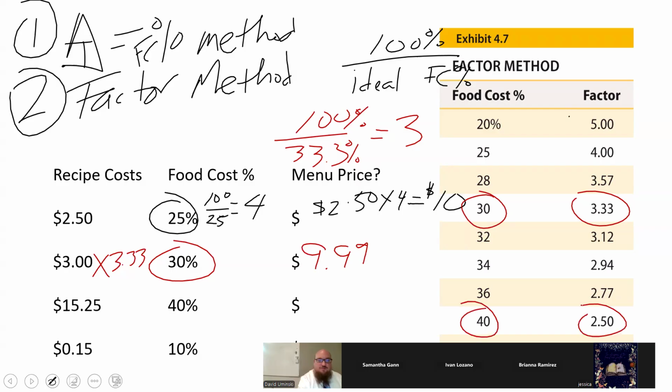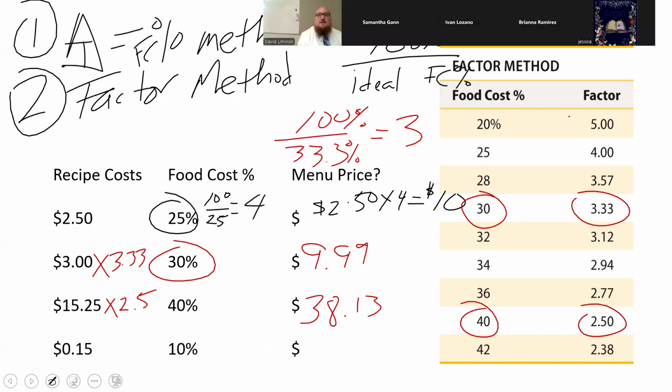My factor is 2.5. So if I multiply by 2.5, what is my answer? It's 30 something. 38.125. 38.13. Okay. And then the last one, 10%. So what is 100% divided by 10? 10. So we're going to multiply by 10 and we get $1.50.